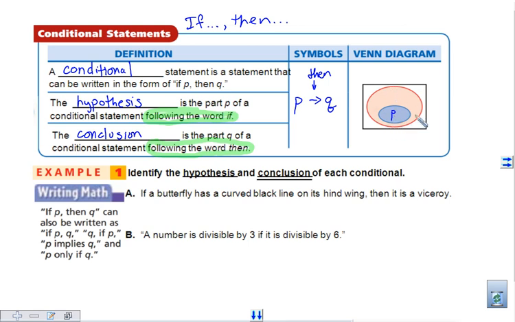Your larger circle is your conclusion. The square or rectangle that's surrounding those circles is everything else that's related to what we're talking about.